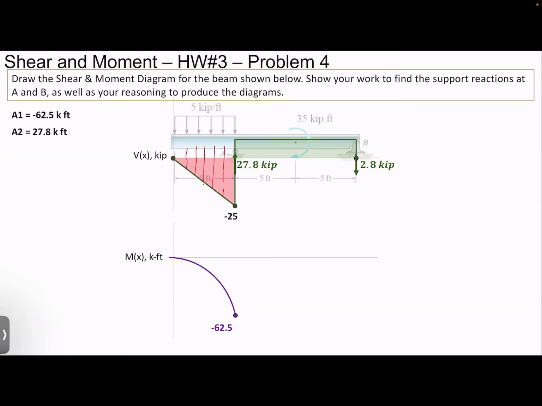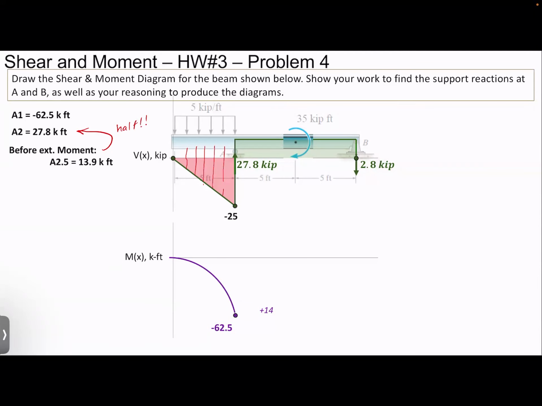And then as we get to this positive area, we can't forget that we have this external moment of 35 kip applied. So before the external moment, this area is 2.5, we have half of that area, so 27.8. This is half, right?